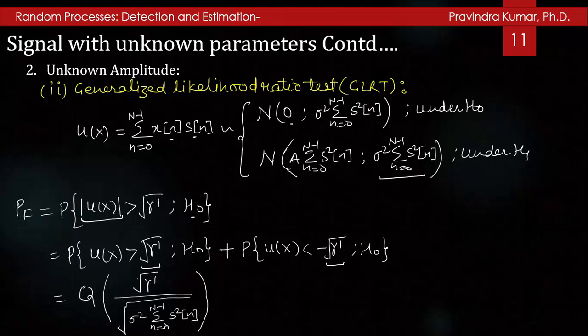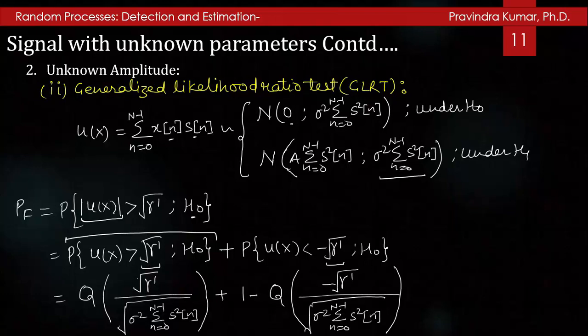We can find this probability as Q of under root γ' divided by under root σ² summation s²[n], plus 1 minus Q of minus under root γ' divided by under root σ² summation s²[n]. Or I can write this as 2Q of under root γ' divided by under root σ² summation s²[n].